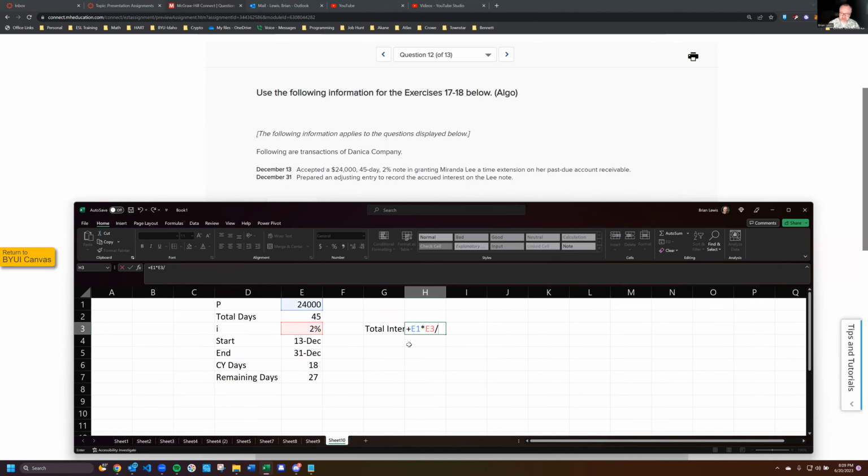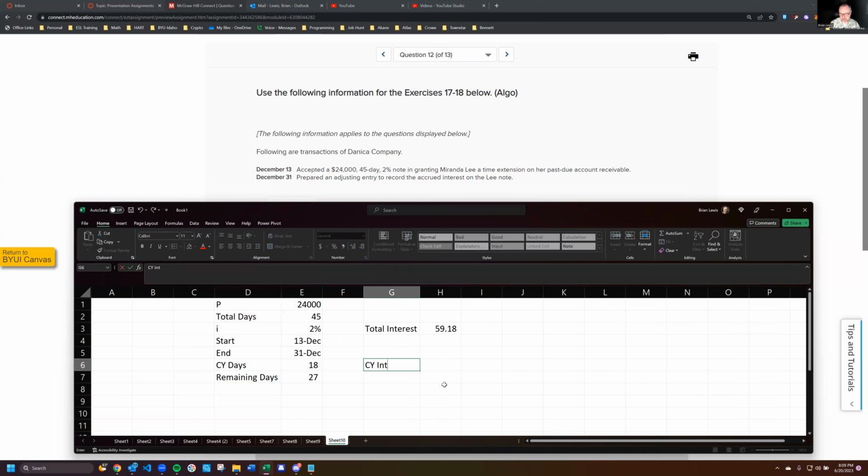Is it 360 or 365? I'm going to use 365 times the number of days. So that's how much interest theoretically, if I round it, is the total amount.